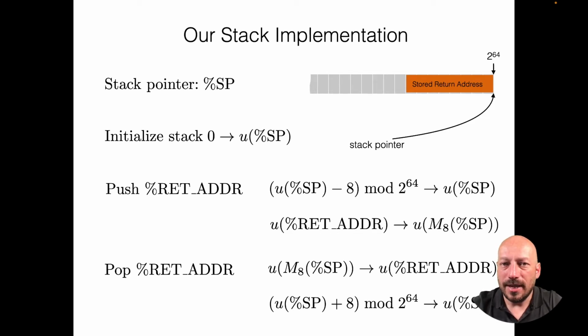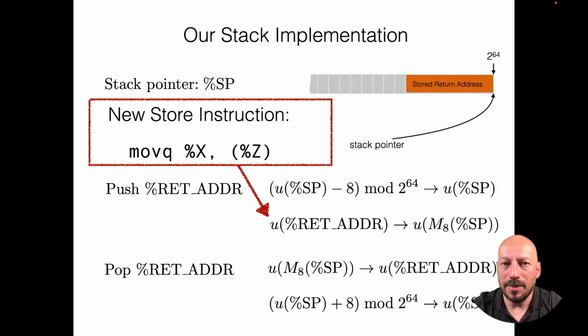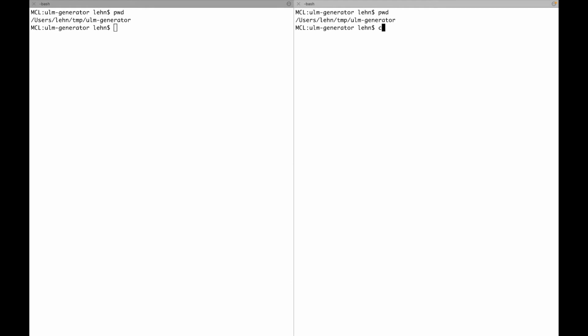For the instruction set, it means that we need one more instruction. So far, we just have an operation for storing a single byte. Now we also have to add one instruction for storing 8 bytes. So first of all, I need a new instruction for storing 8 bytes. I will begin with a copy of the instruction set from the last session, and this variant will be called stack.